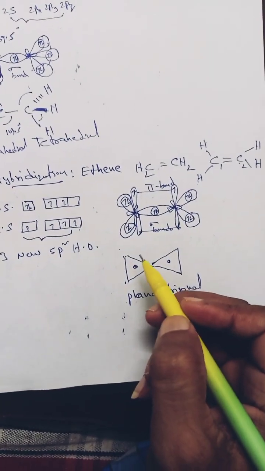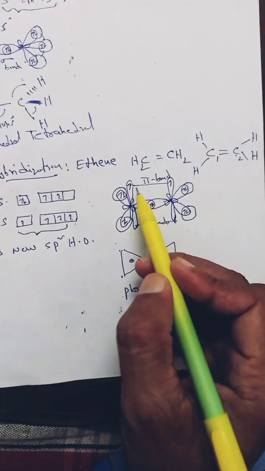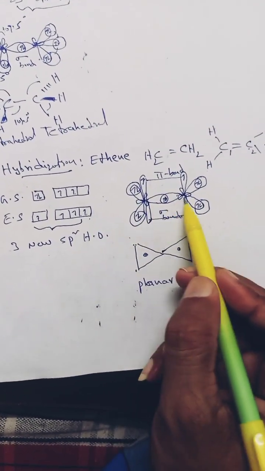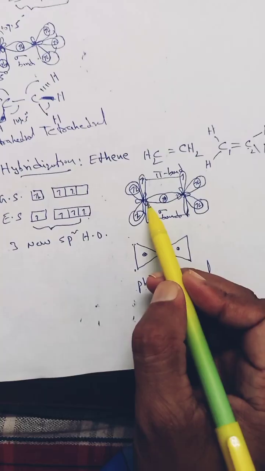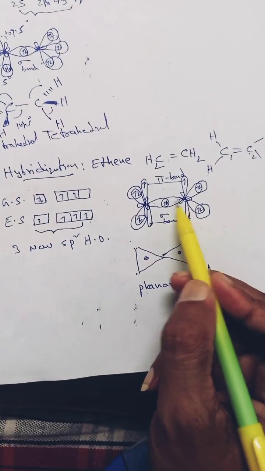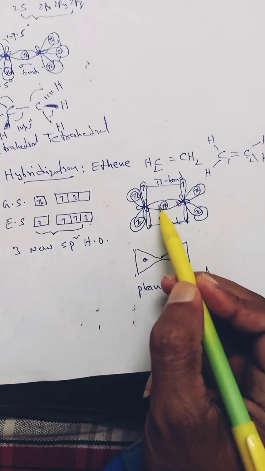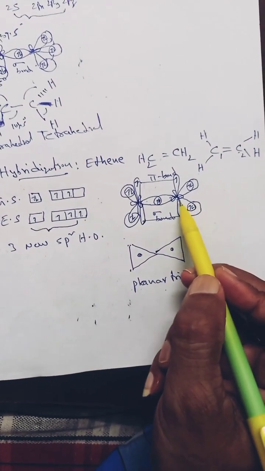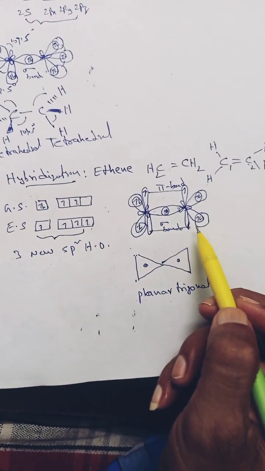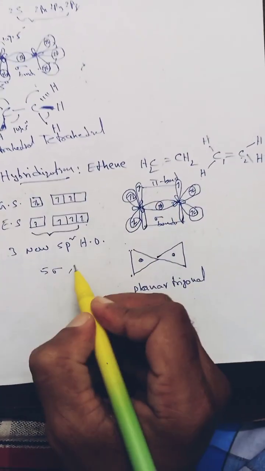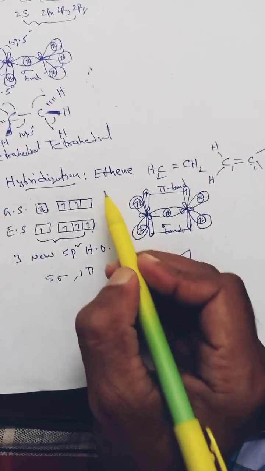Lateral overlap using the pz orbitals is called pi bond, and axial overlap using the sp2 hybrid orbitals is sigma bond. So one sigma bond, second, third, fourth, fifth sigma bond. That means 5 sigma bonds are there, and one pi bond is there in ethene.